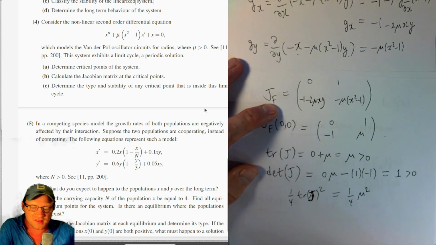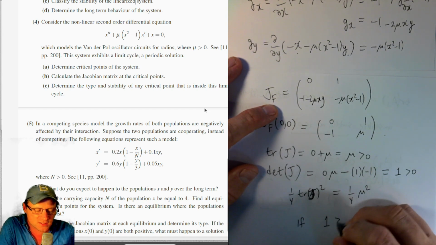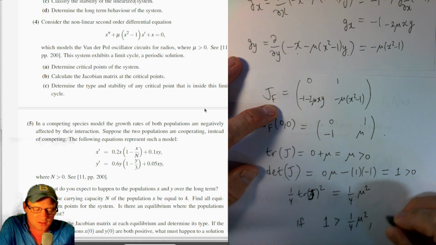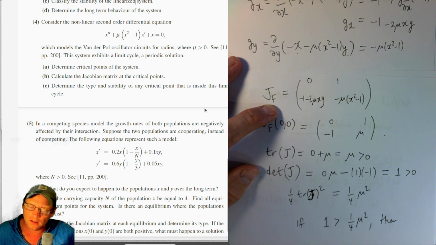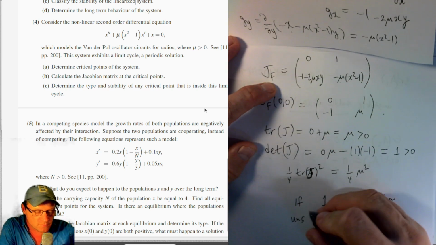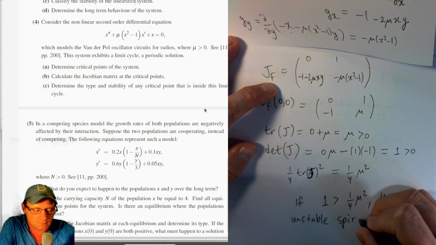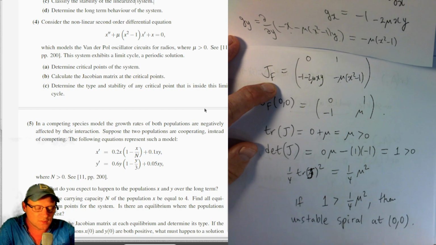So what we learned then is if 1 is greater than 1/4 mu squared, then what we have is an unstable spiral at the critical point 0, 0.